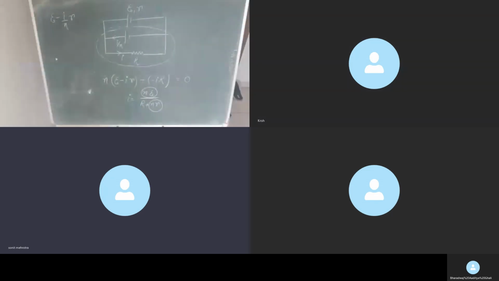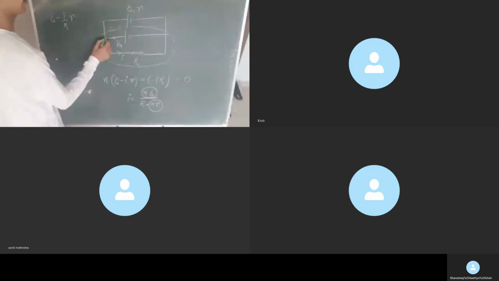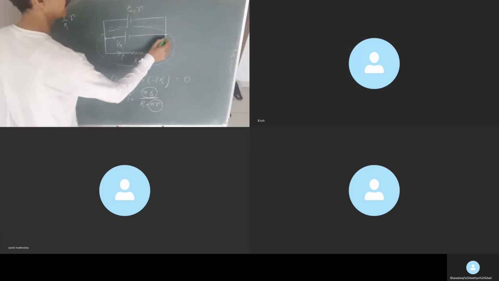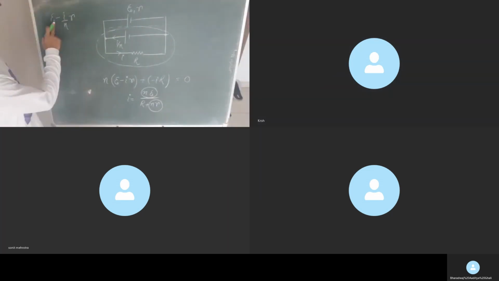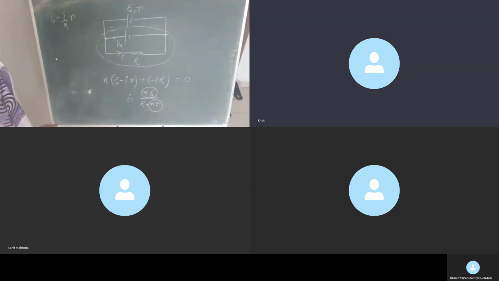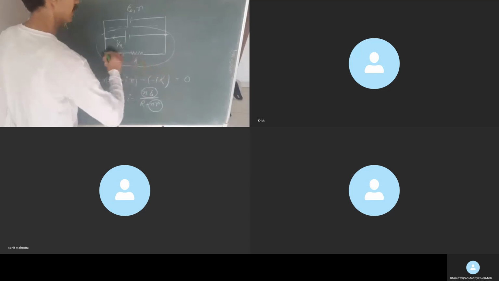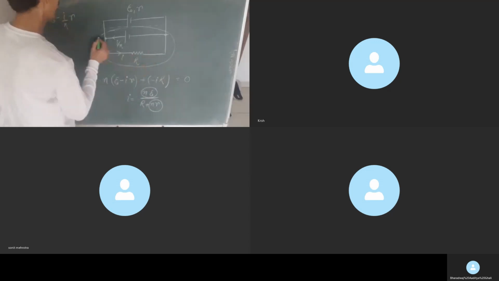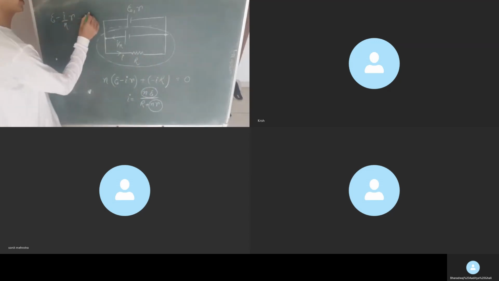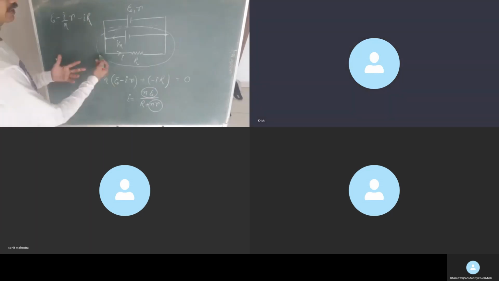Agreed? E minus Ir, there I was the current, but what is the current here? In this branch, current flowing is I by n. So VA minus VB will be E minus I by n into r, right? And then to move in the loop, I am to complete the loop. Completing the loop will ask for minus IR incorporation. Okay, KVL, the same.